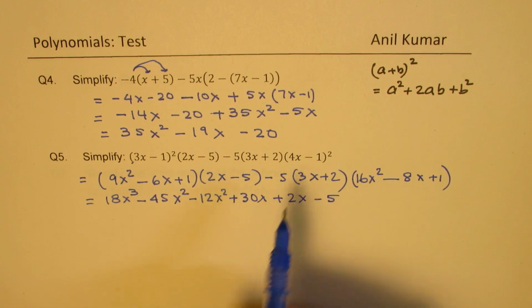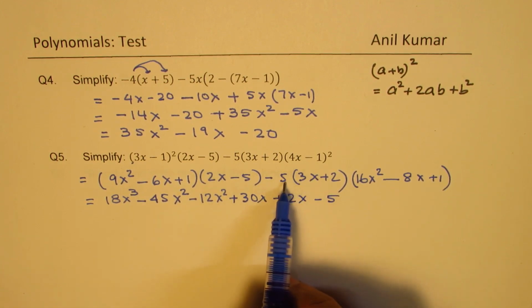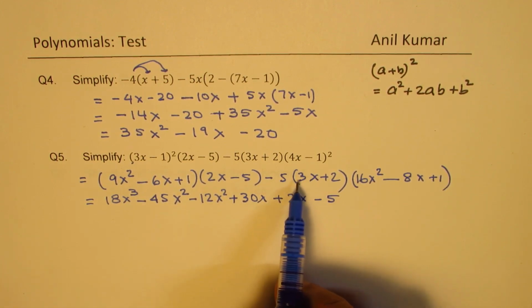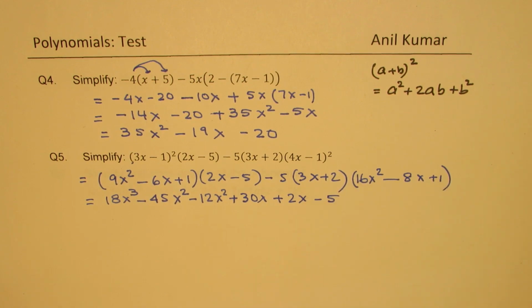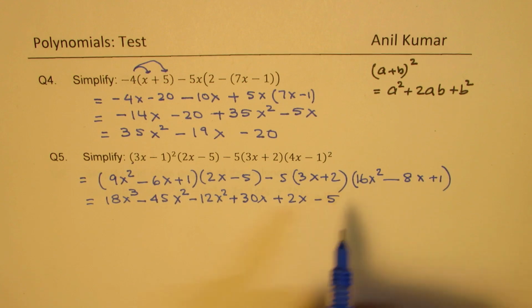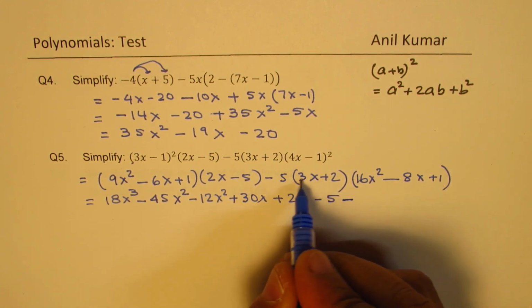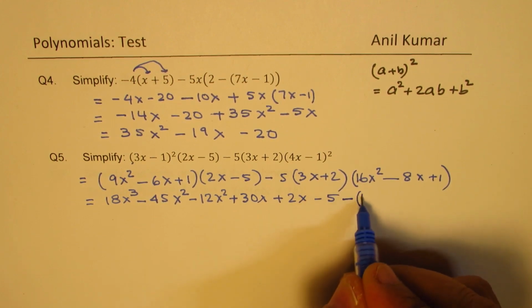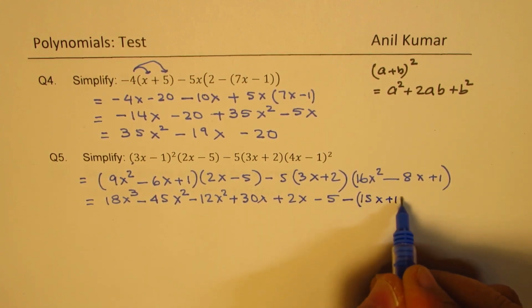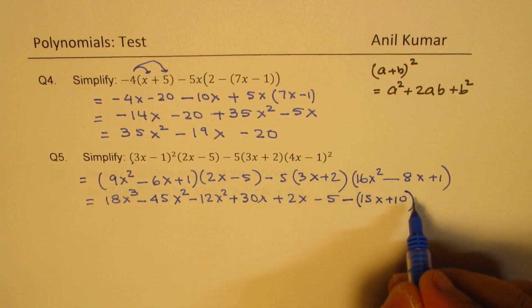Now in this particular case, we have to multiply with 3x all these terms and also with 5. So what I will do here is that first step, let me just keep it as, I'll multiply with 5 all these terms. So we have 15x plus 10. That is a simpler multiplication.